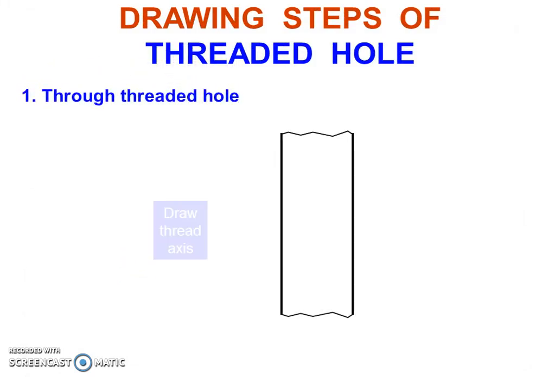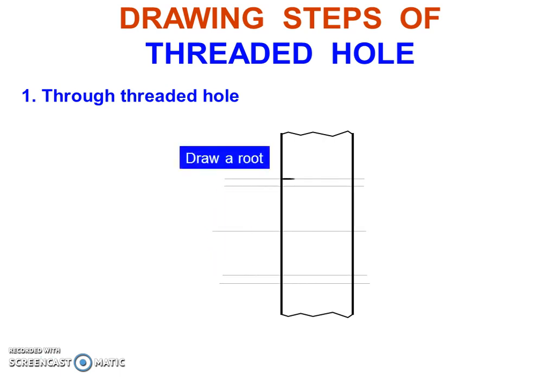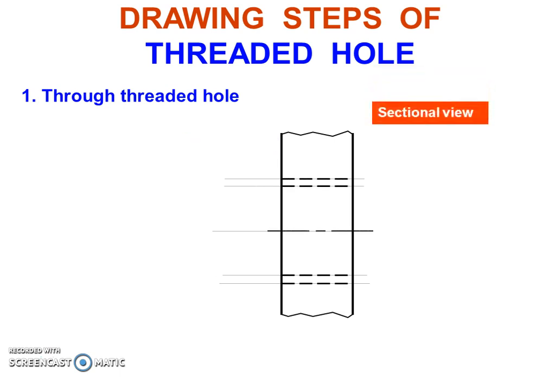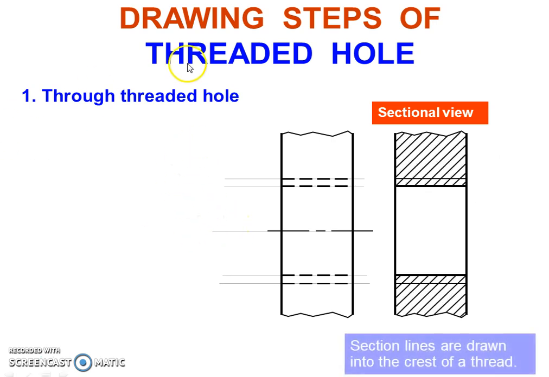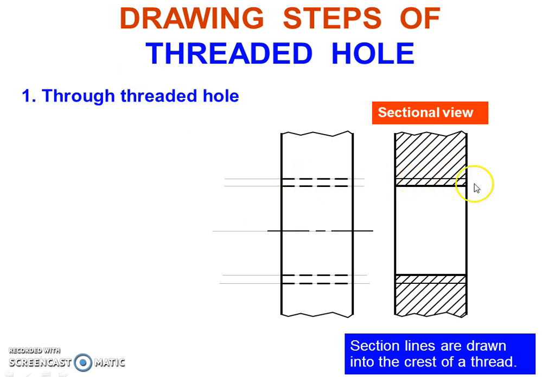Through threaded hole. First, draw a thread axis, then we draw the major diameter, then the minor diameter which represents a root. Draw crest and the center line. The sectional view can be drawn in a similar fashion, over which the center line has to be drawn, and then the sections are drawn over the continuous line representing root.